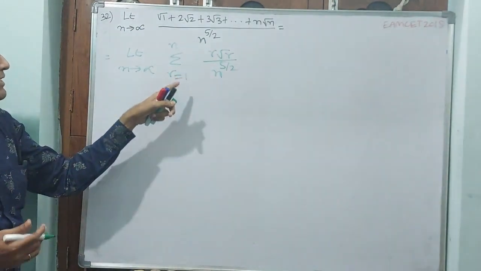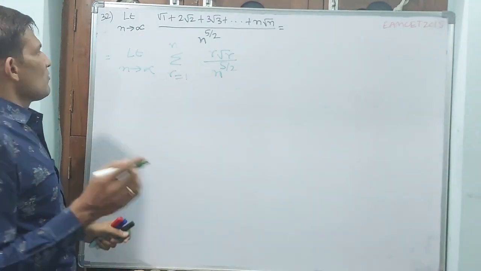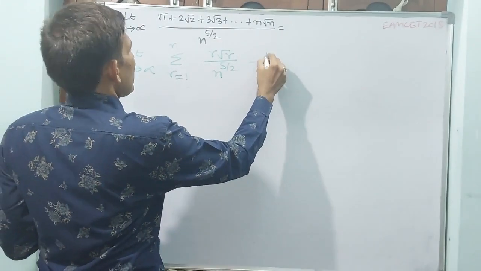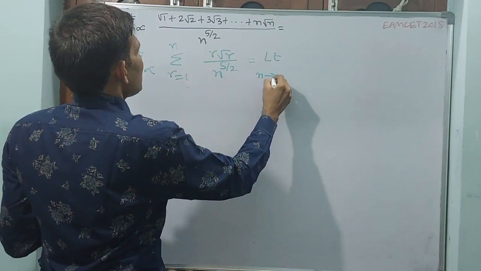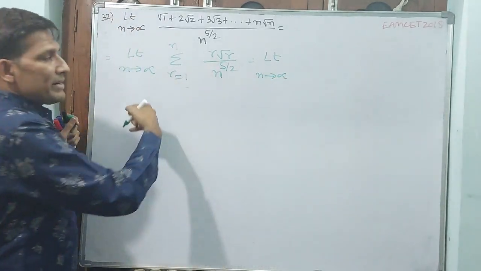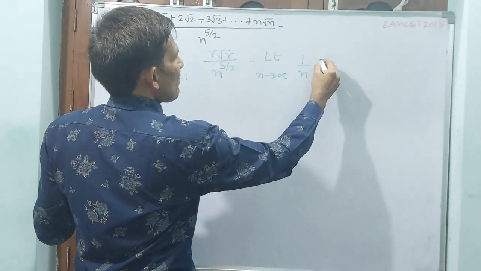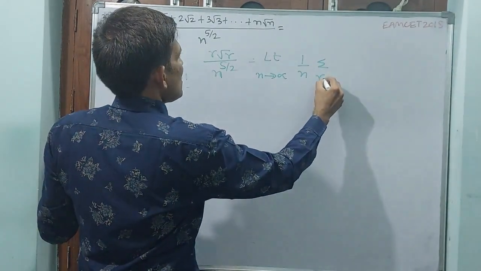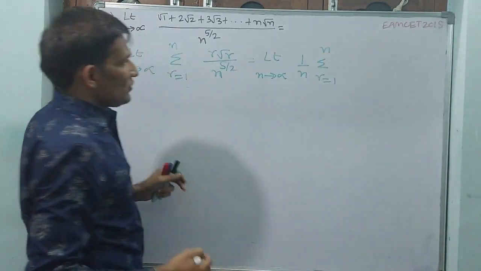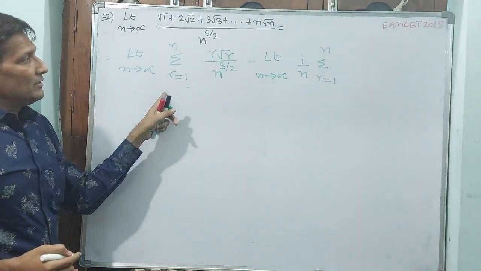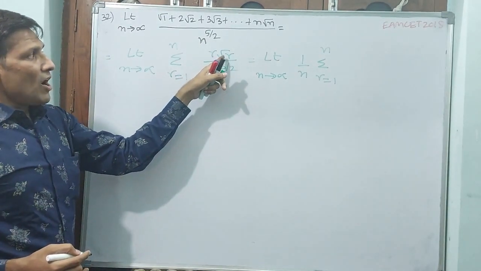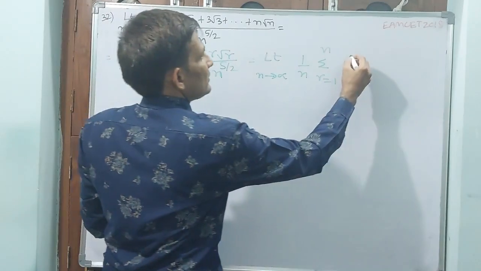Now the next step. That is equal to, again, limit n tends to infinity. Now I will take 1 by n as common, because 1 by n you have to take common. 1 by n sigma r equal to 1 to n; you see 1 by n has gone. Then here r to the power of 3 by 2.